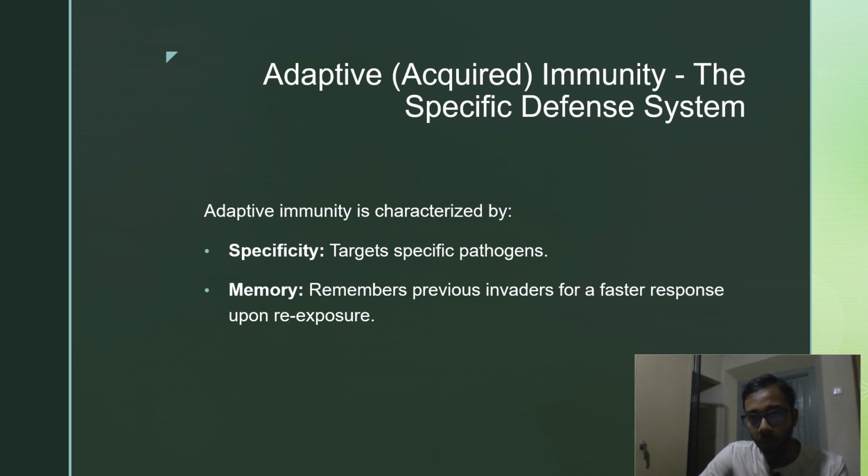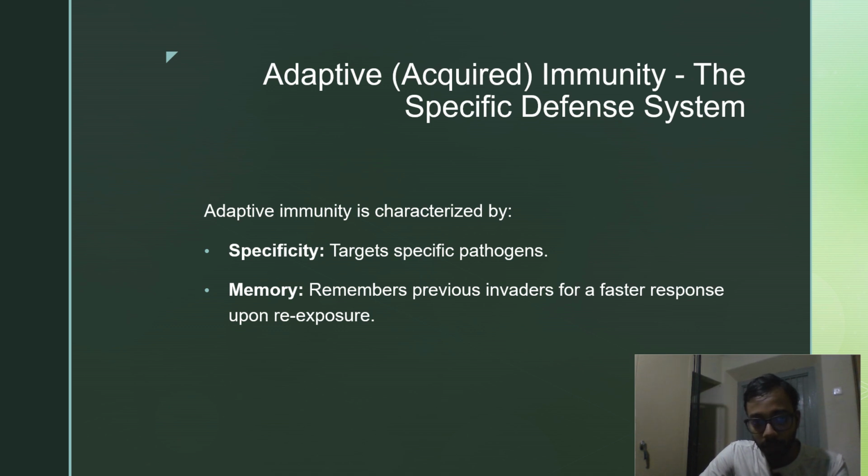Now we'll move on to the adaptive or acquired immunity, which is the specific defense system of our bodies. Innate immunity and adaptive immunity work together to protect us from various pathogens and various injuries. Adaptive immunity is characterized by specificity and memory.